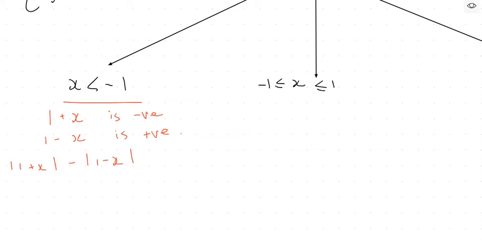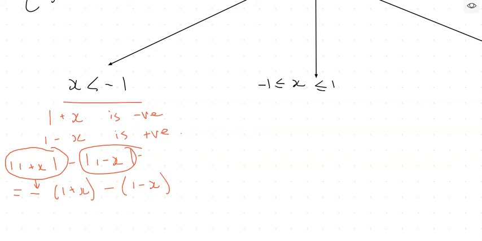1 minus x is equal to, I'll do it beneath, minus 1 plus x minus 1 minus x. Okay, so the sign of this has changed to a negative, and the sign of this is a positive. And obviously, because there's a negative here, it becomes minus and not plus. Okay?